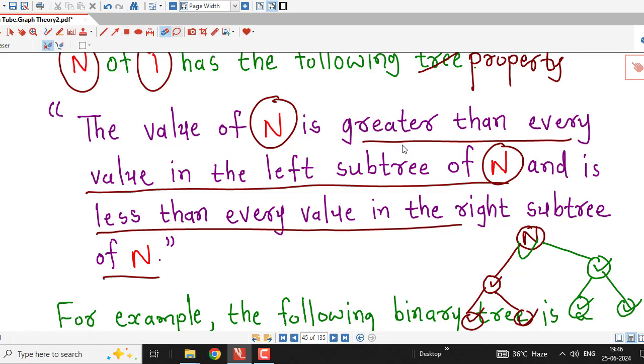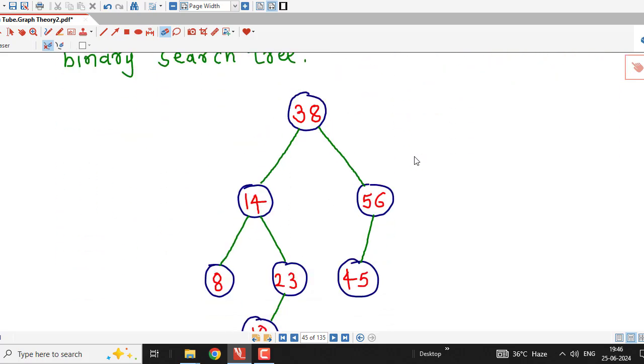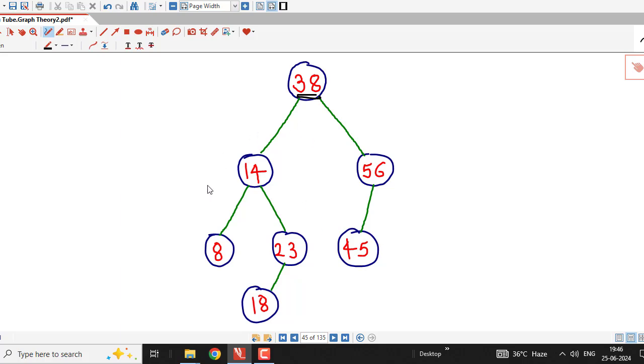I have taken one example of binary search tree. Here we can understand that if I start with this root 38, then the value of 38 is greater than every value in the left subtree of n. Left subtree means this part.